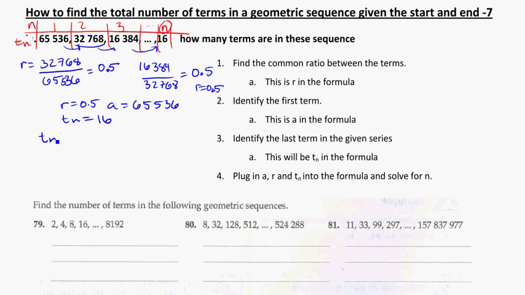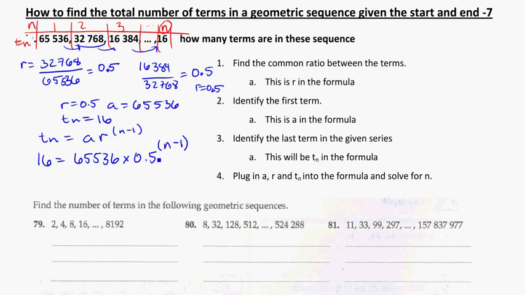My formula is Tn is equal to a times r to the n minus 1. So I'm going to plug in what I know: 16 is equal to a, which is 65,536, times 0.5, which is r, to the power of n minus 1 using brackets.